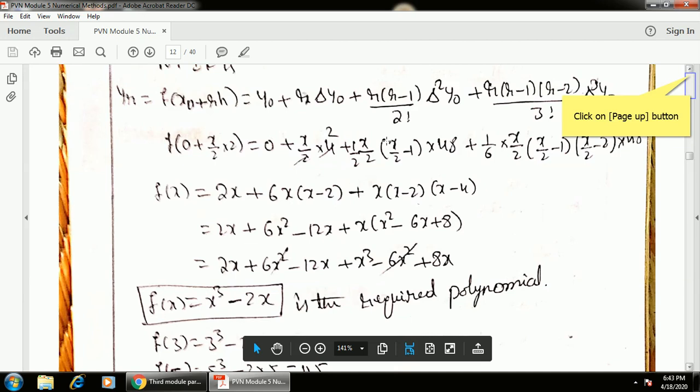Okay, f of x naught plus rh, x naught is 0, r is x by 2, h is 2.